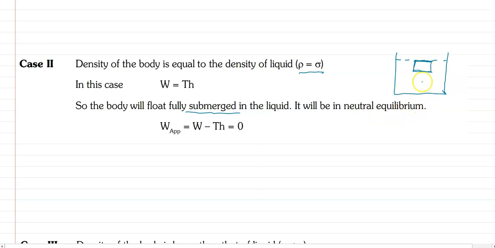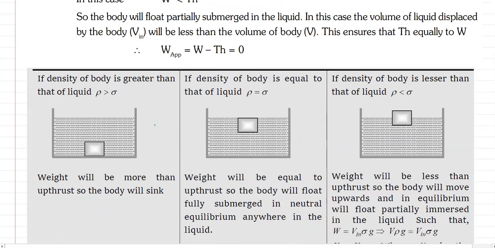If we slightly dip the body deeper, it will also be in equilibrium. At any position the body is in equilibrium. That means the apparent weight will be zero. These are the three phenomena I have explained.